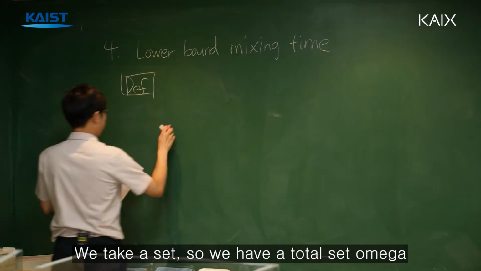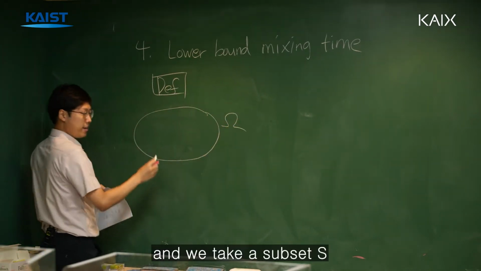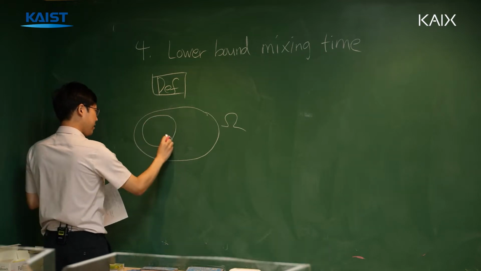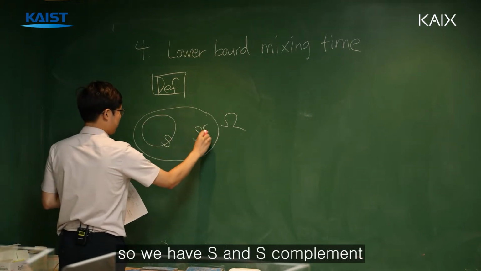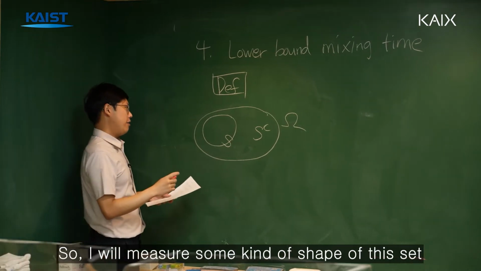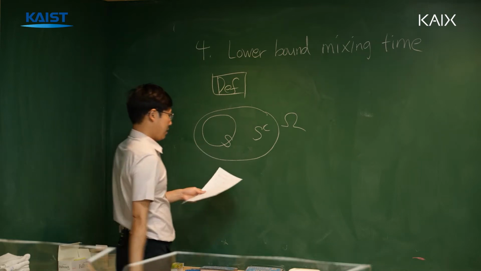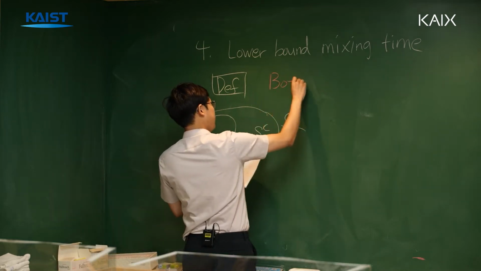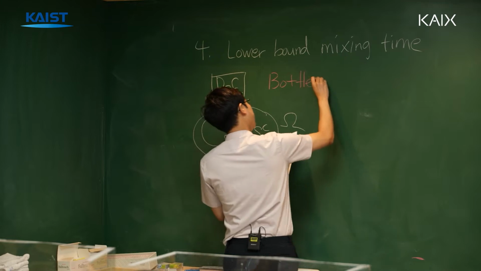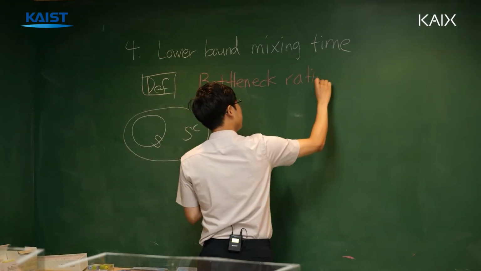So we have a total set Omega, and we take a subset S. So we have S and S complement. I will measure some kind of shape of this set. This is called the bottleneck ratio of the set.